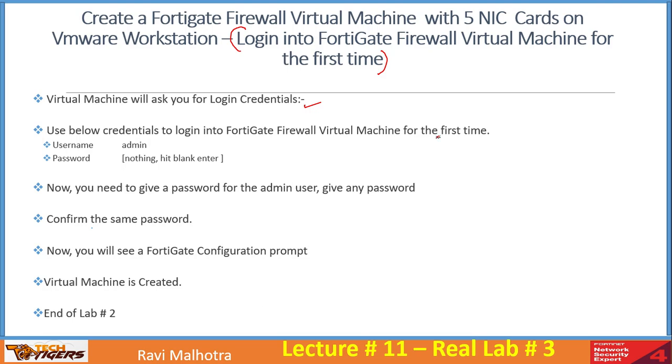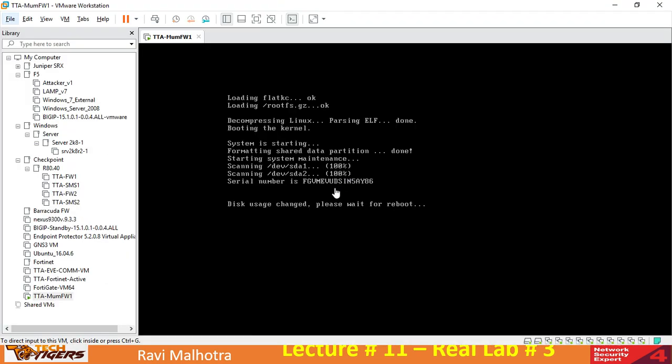It is going to be admin, and the password is nothing. Just hit blank enter. So let me just wait, guys. Let me wait for a few more minutes, and then I'll show you how to log into the FortiGate Firewall virtual machine on the serial console for the first time.